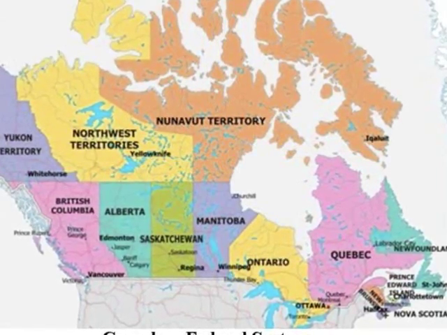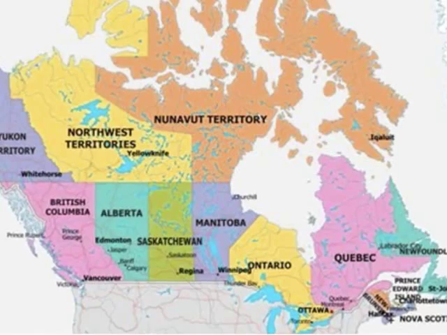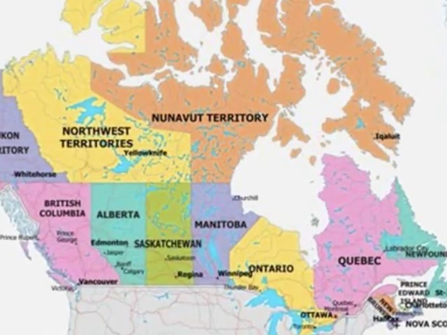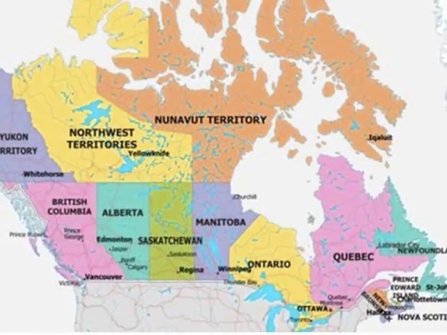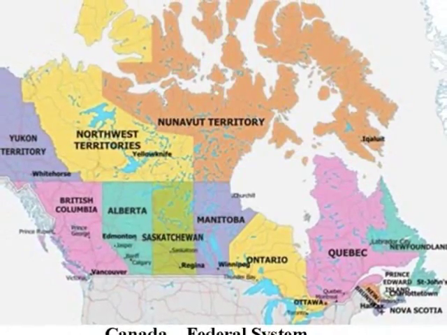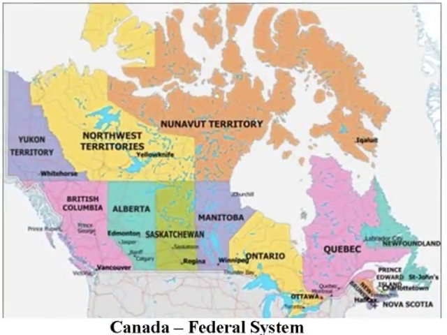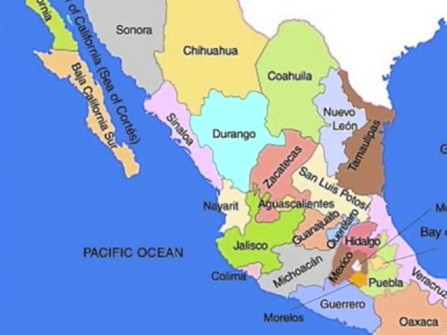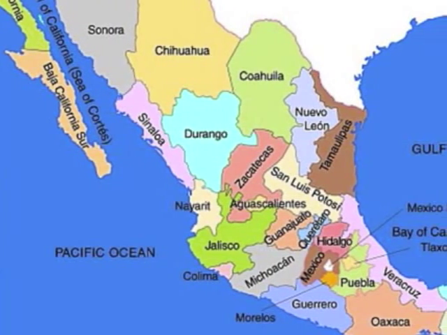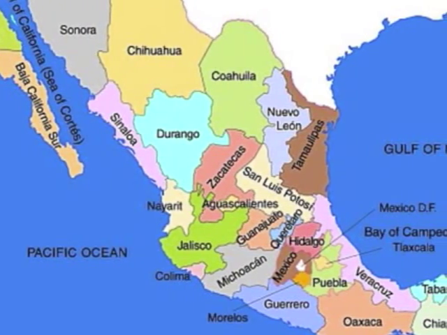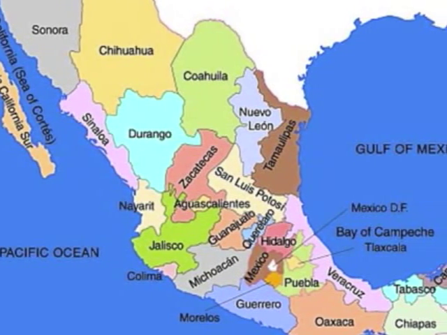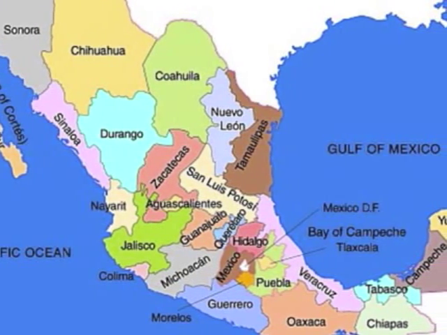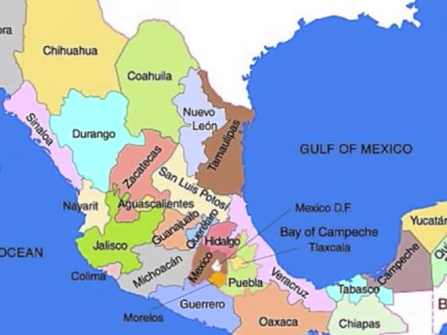So, where in the United States we have Texas, New Hampshire, Oregon, and Missouri, in Canada they have Quebec, Manitoba, British Columbia, and Newfoundland. Los Estados Unidos de Mexico is the United States of Mexico, where their states include Jalisco, Tamaulipas, Sonora, and Guerrero.